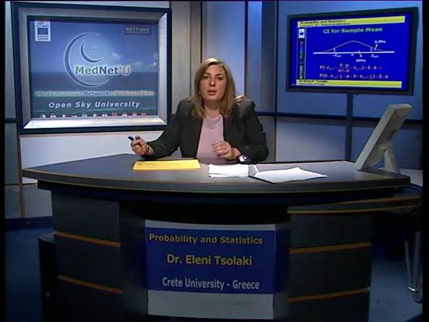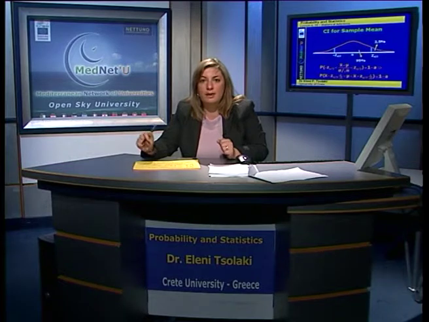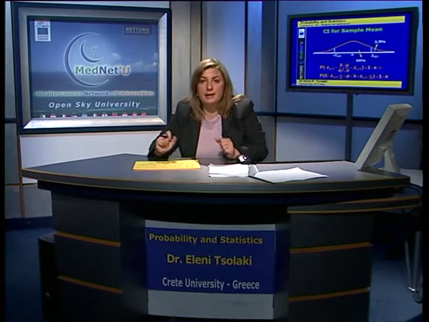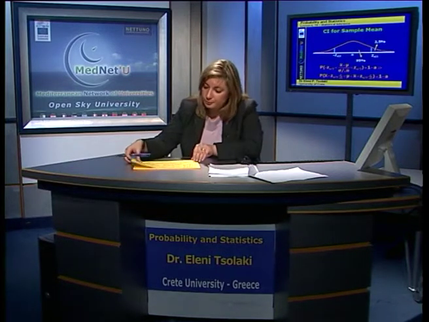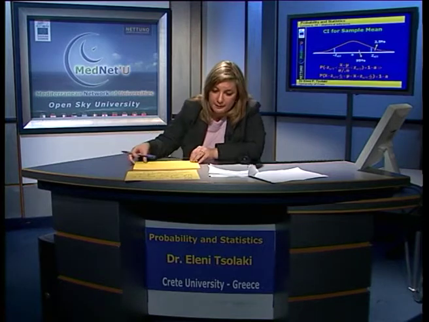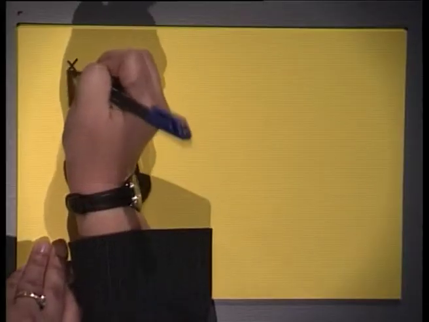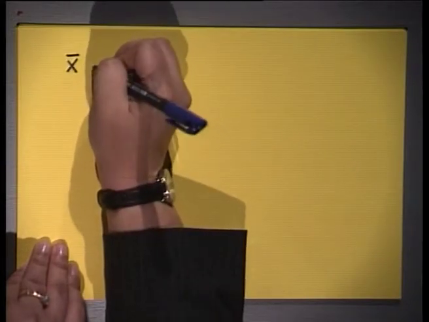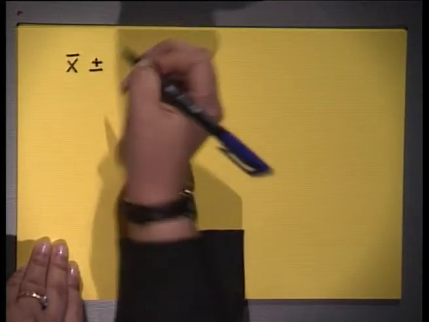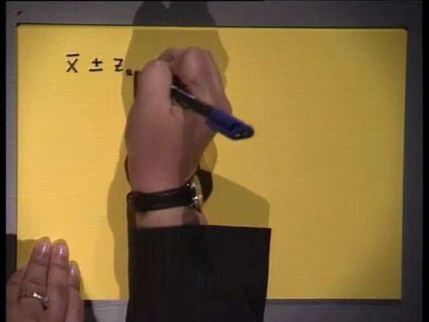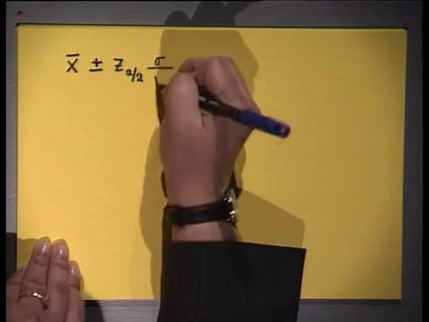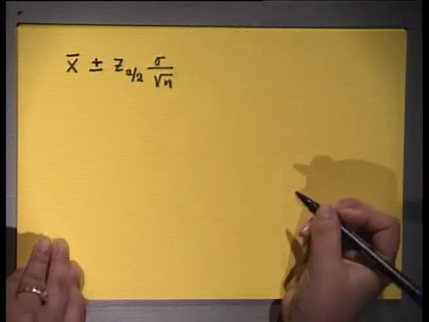So now that we have calculated the sample mean, we know the standard deviation of the population and we know n, we can construct the confidence interval for the mean of the population from which the data come. The confidence interval will actually be, this is another notation for the confidence interval.